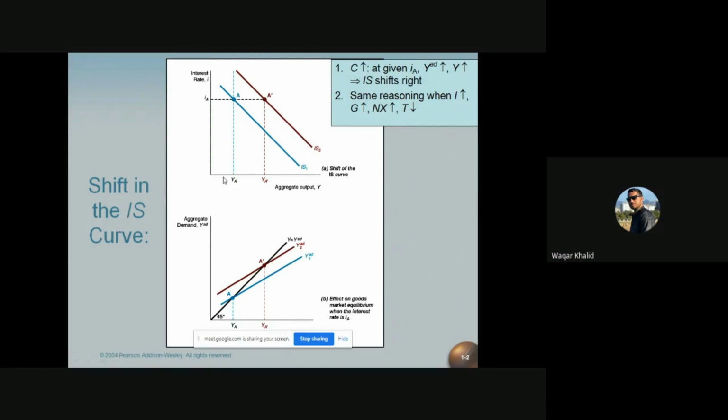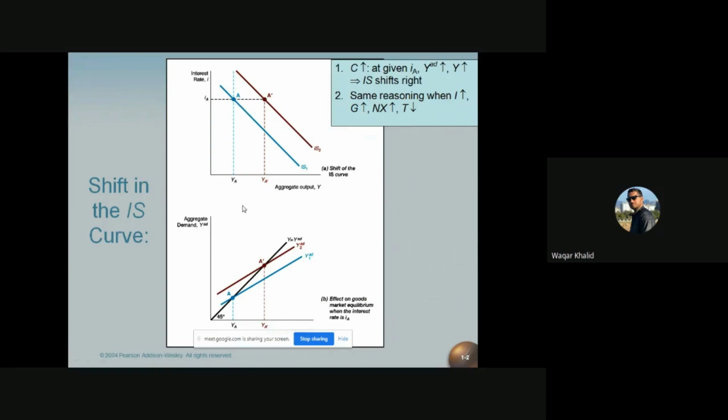This is the initial aggregate level of output. The IS curve tells us that equilibrium aggregate output is at YA when the interest rate is iA, and we have the point A on the IS curve.